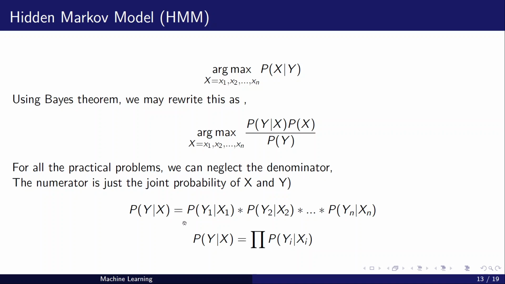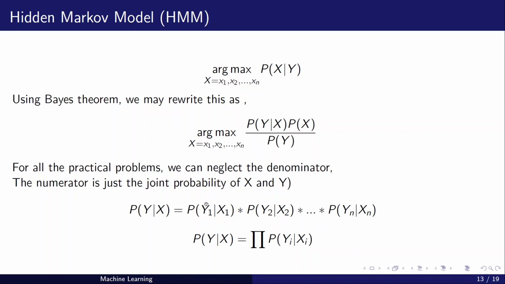So p of y given x is equal to p of y1 given x1 into p of y2 given x2 into etc., p of yn given xn, which is the same as p of y given x equal to product of p of yi given xi. These are values which can be directly observed from your emission matrix, right?